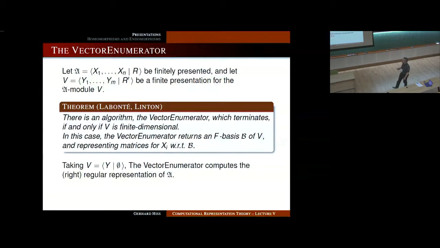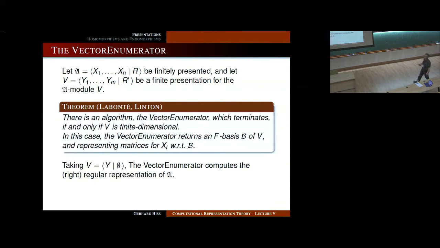Yeah. For example, you may start with the right regular module generated by one element, so the right regular module of A. The vector enumerator computes the right regular representation of A, provided A is finite dimensional over F, provided A is finite dimensional.